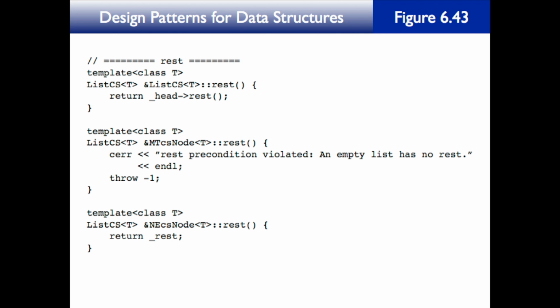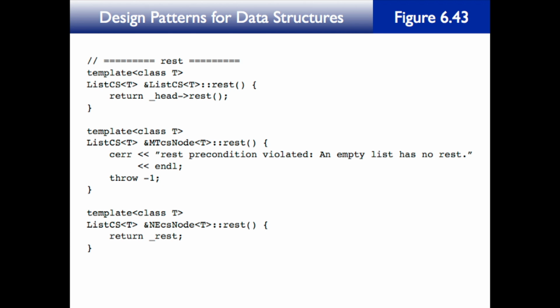So in figure 6.43, we have the implementation of REST. The way REST works is, if the main program wants the rest of a list, it calls the REST method for the list.